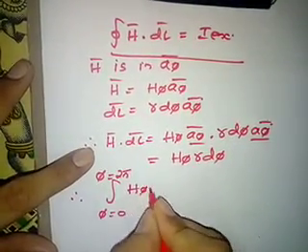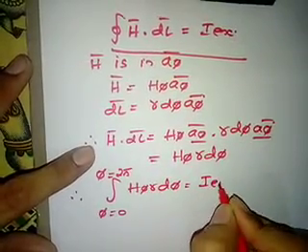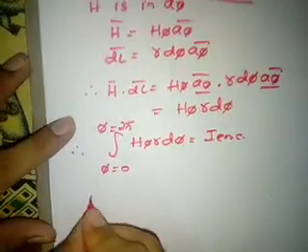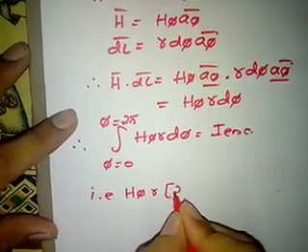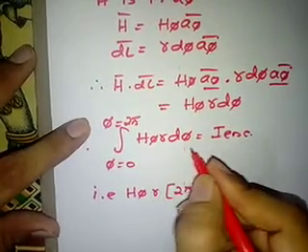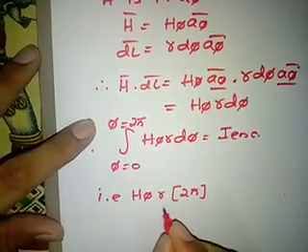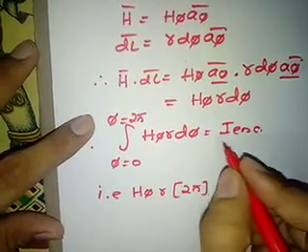So h phi r d phi is equal to, on the right hand side, I enclosed. That means this is h phi r into 2 pi, because the integral of d phi is phi. If we take the limits 2 pi minus 0, we get 2 pi. So h phi r 2 pi is equal to I enclosed. I enclosed is how much?